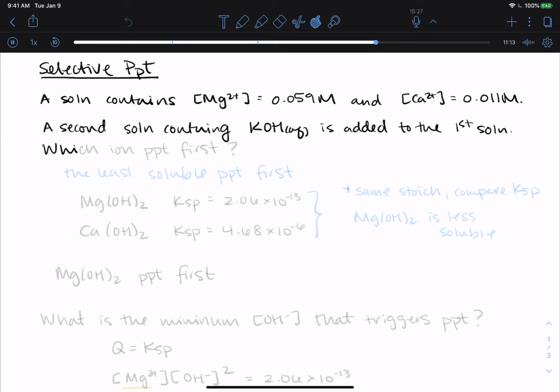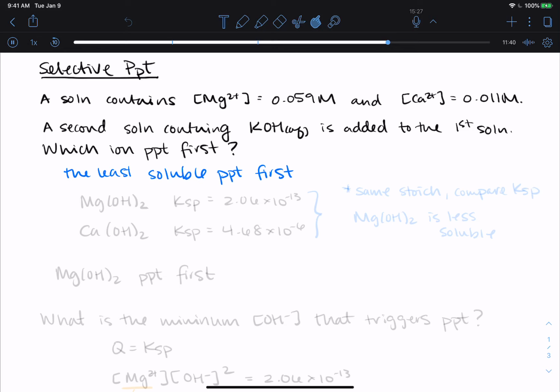Which ion precipitates first? All right, so I am telling you it is the least soluble that precipitates first. So let's figure out which one is the least soluble.